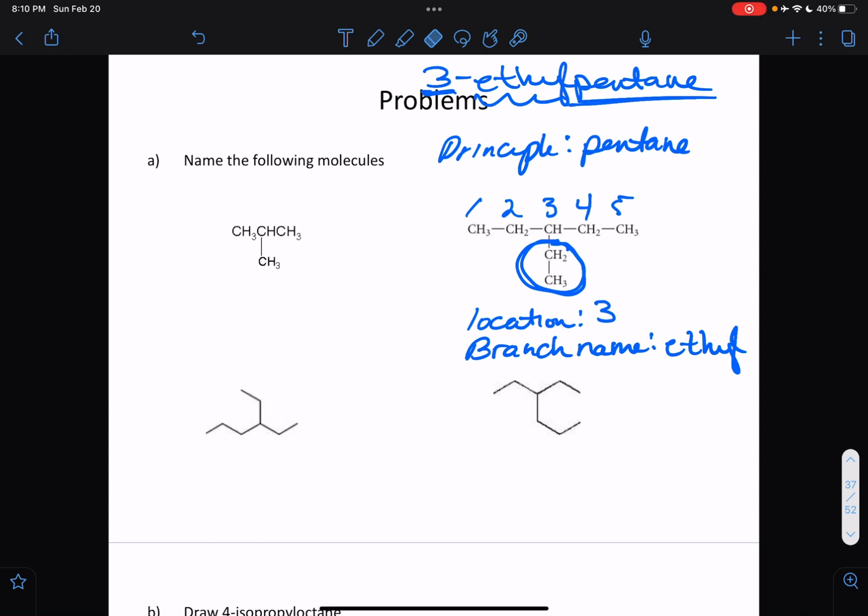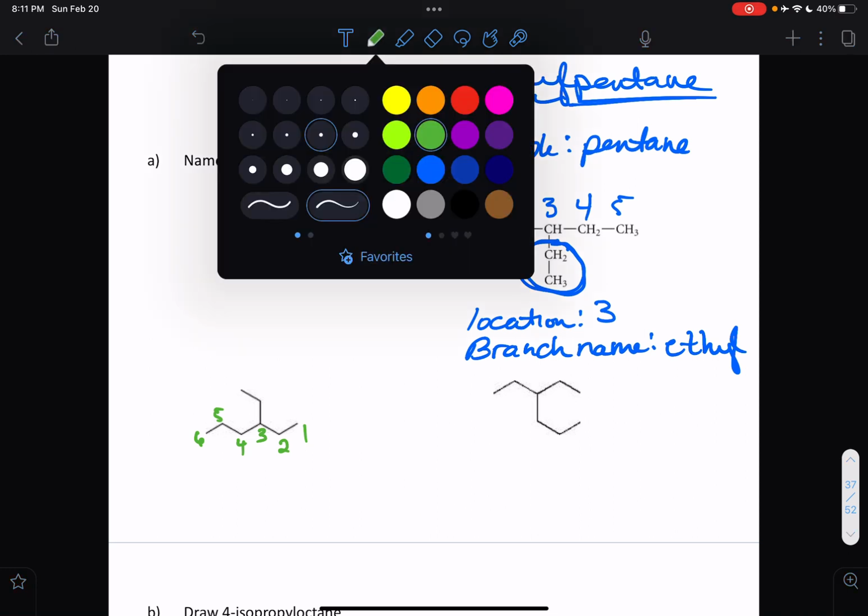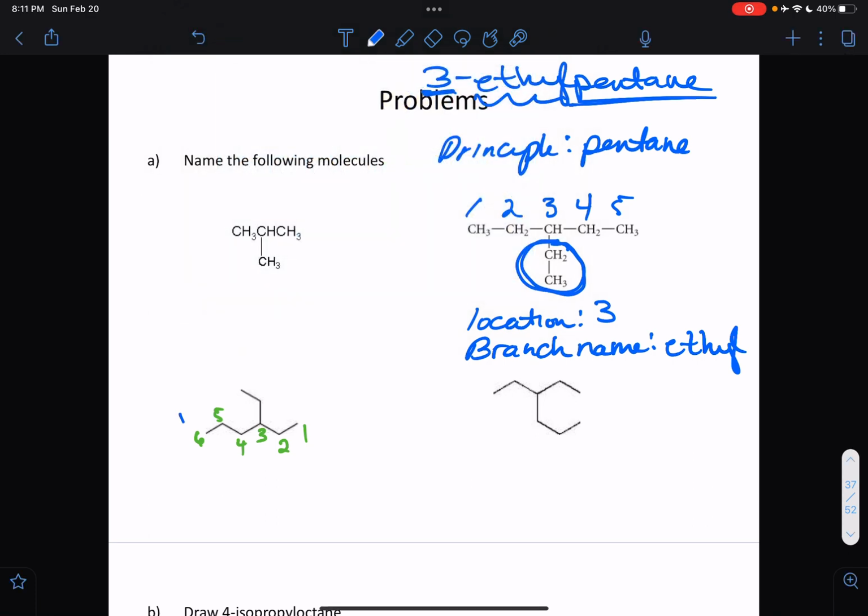Okay, so how about we number it backwards? That way we'll get a branch hanging off which carbon? Off of carbon number 3. If we numbered it left to right, we would have a branch hanging off of carbon number 4, and we don't want that. So let's get rid of those ones.